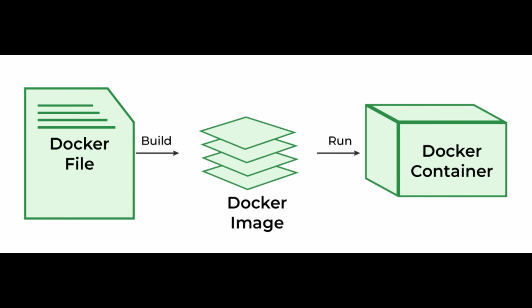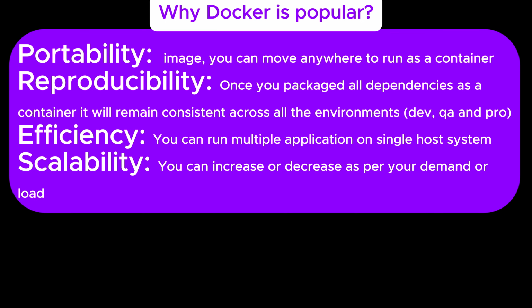So let's see another aspect: why Docker is popular. To measure its popularity, here are a few things to consider. One is portability. What does it mean? Once you have an image, you can move it anywhere and run it as a container.